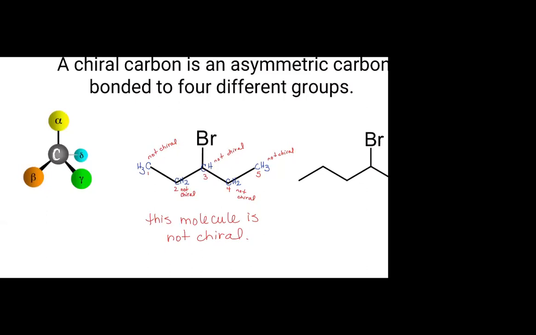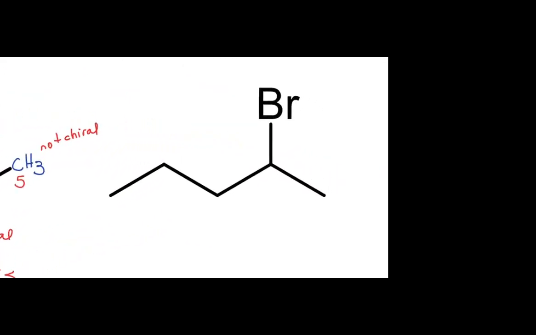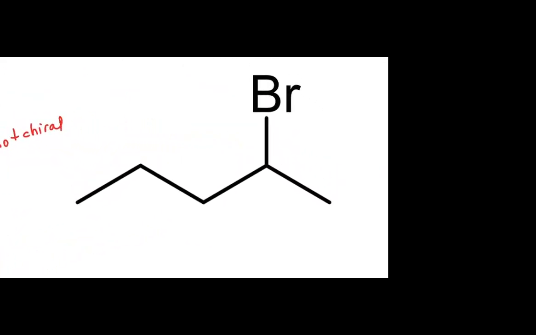Let's look at the molecule on the right. 2-bromopentane. Let me add in the hydrogens and the carbons. This is a CH3. This is a CH2. This is a CH2. This is a CH. This is a CH3. I'm going to number the carbon atoms: 1, 2, 3, 4, 5.